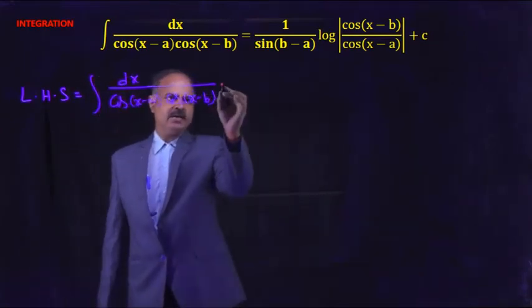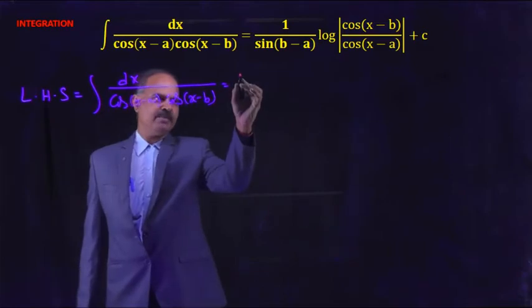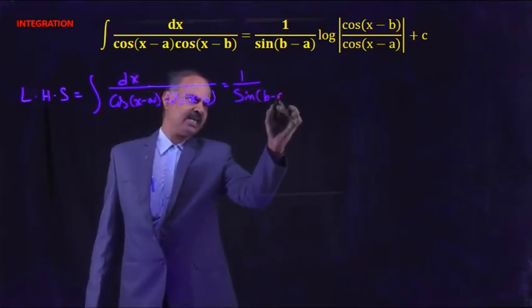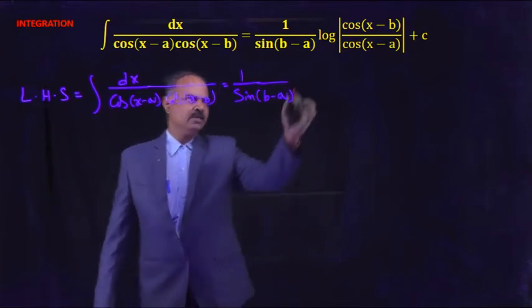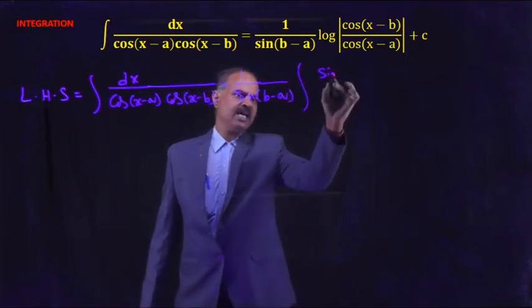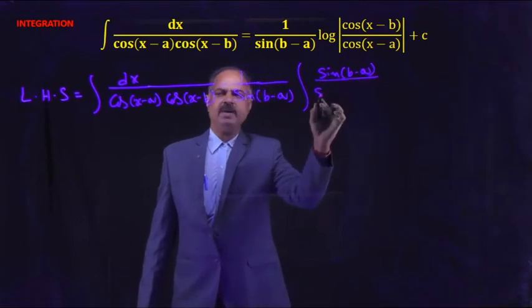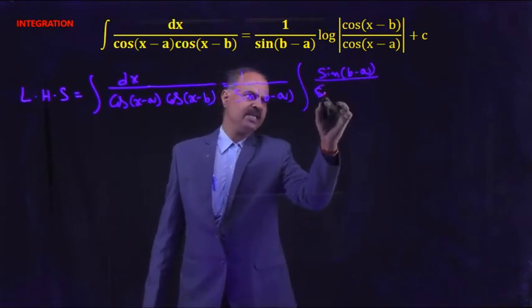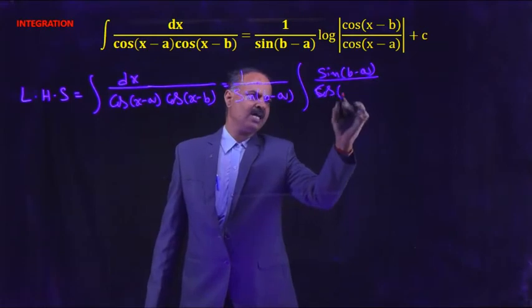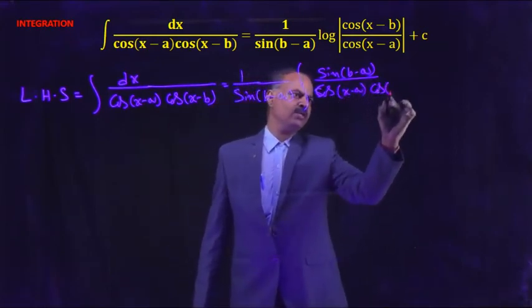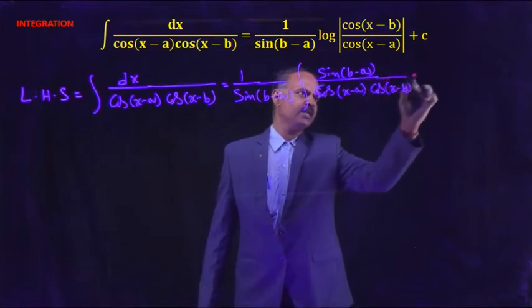Now here multiply and divide by sin(b minus a). So 1 by sin(b minus a) into integral sin(b minus a) divided by cos(x minus a) into cos(x minus b) into dx.